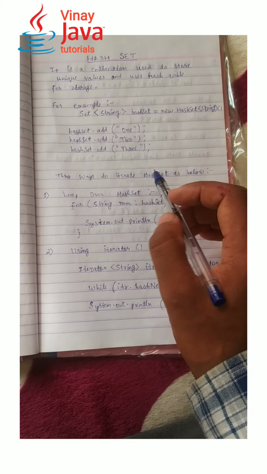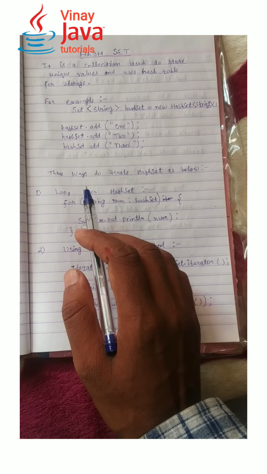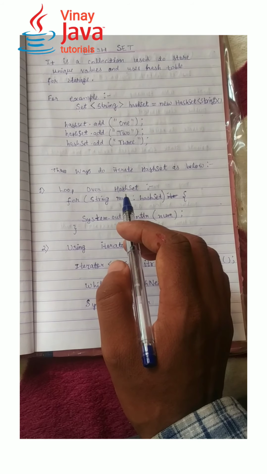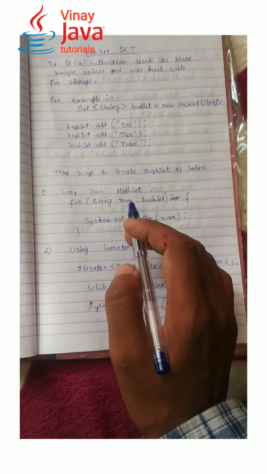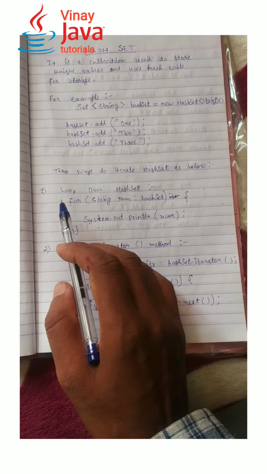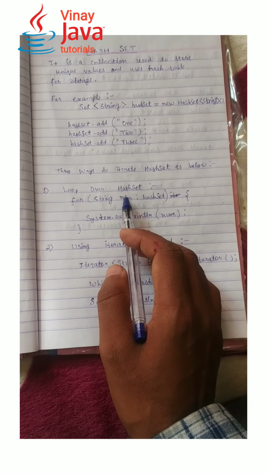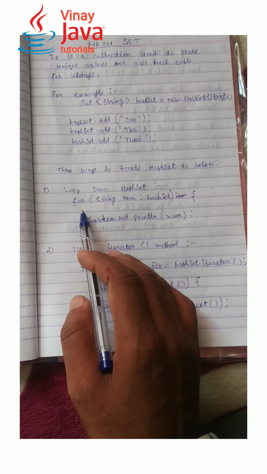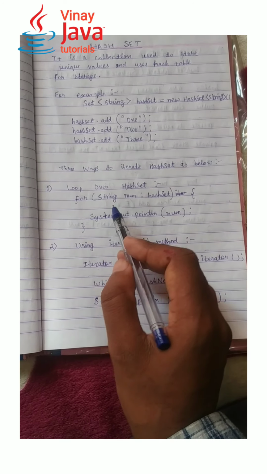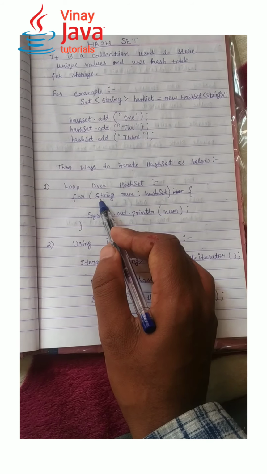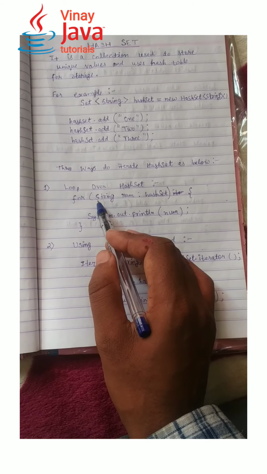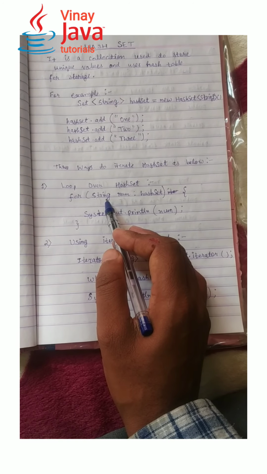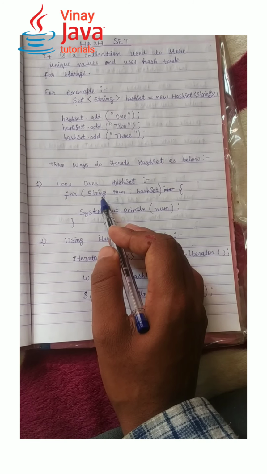So friends, what happens when I iterate the hash set? It also has three ways to iterate the hash set collection. First one is the loop, which is very simple. I will use the for loop. Inside the parenthesis I will use the element type. What type do I have in the hash set?